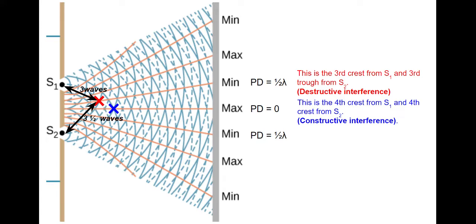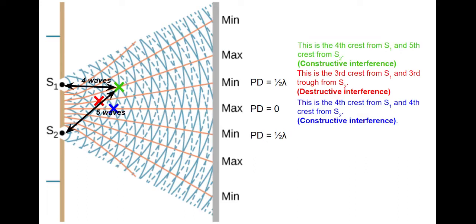Let's investigate one more point. So here at the green X, that green X happens to be 4 whole wavelengths from source 1, but 5 whole wavelengths from source 2. So now we've got the 4th crest from source 1 meeting the 5th crest from source 2.